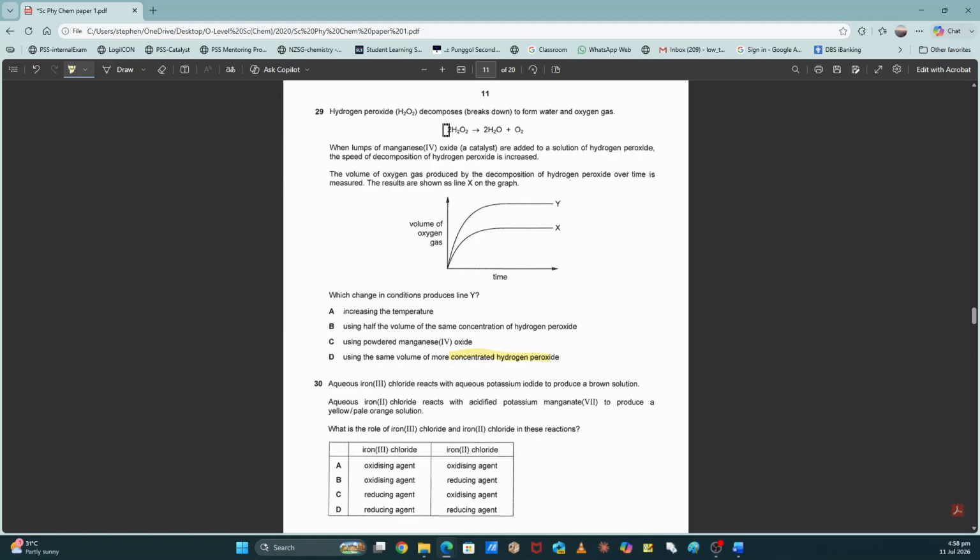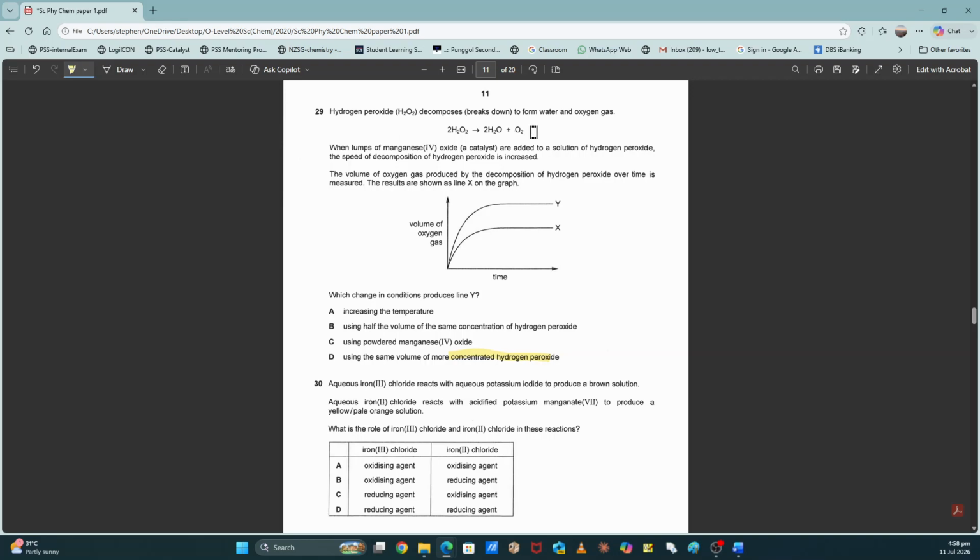So for example, if you use 1 mole per cm cube, you get 0.5 moles of oxygen produced. If you use 4 moles of hydrogen peroxide, then you get 2 moles of oxygen produced.